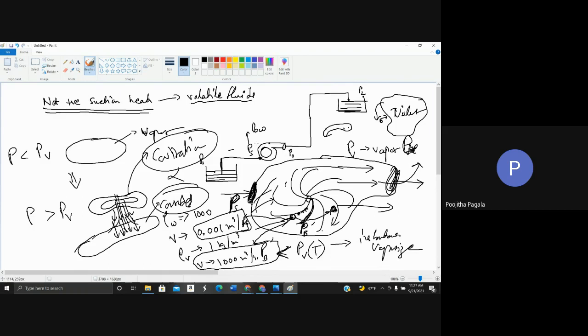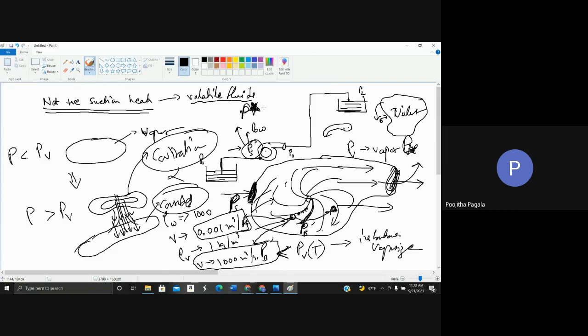That is, if you definitely know that the pressure inside the impeller or inside the pump is going to be less than PS, so if you make sure that the pressure does not fall below PS or some safety value P star, if you make sure that the pressure is above P star, then you will prevent the fluid from vaporizing inside the pump.